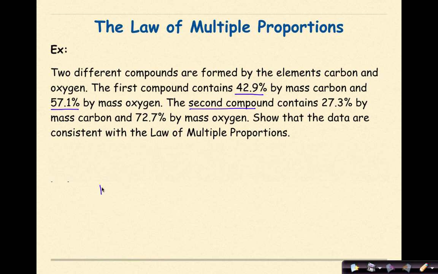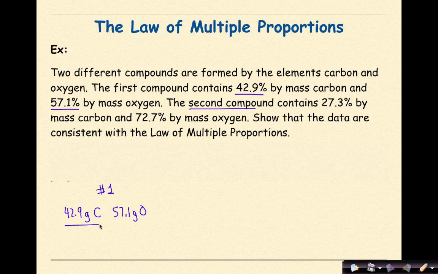So I have sample number 1 right here, and I'm going to have 42.9 grams of carbon, because I'm assuming this is out of 100 grams, and 57.1 grams of oxygen. And like I did before, I'm going to look at the ratio of carbon to oxygen.